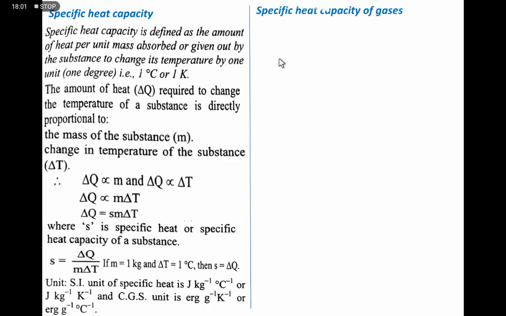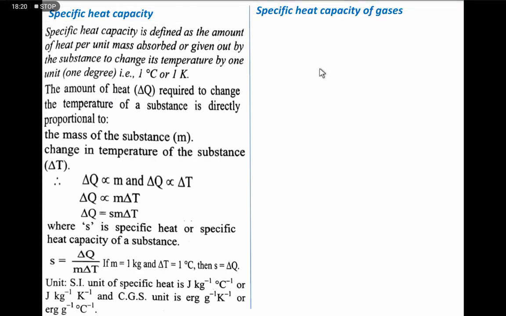This is a little bit different topic in this chapter, and we'll try to explain it: the specific heat capacity of the gases. This was for a particular material or solid body.